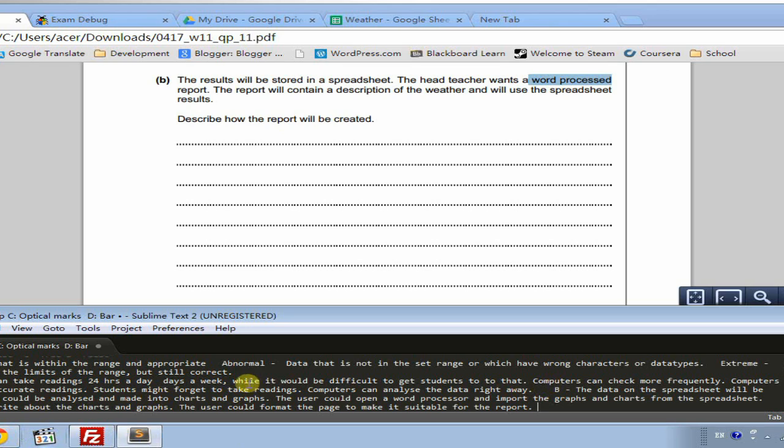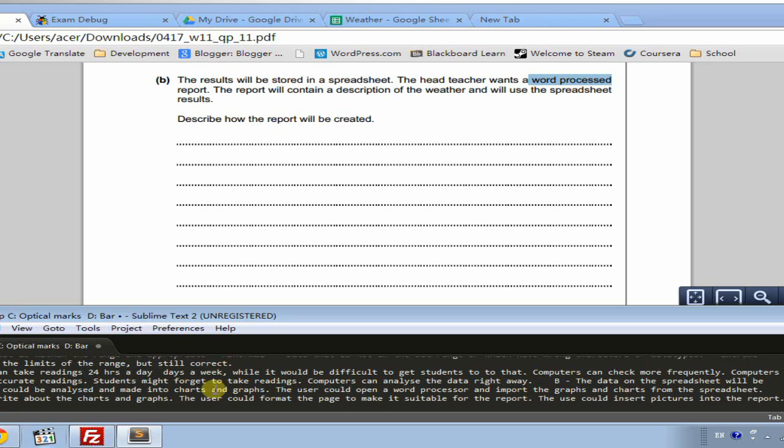But I think that contains most things. Oh yeah, the user could insert pictures into the report. Okay, so it's actually quite a simple question, but you've just got to make sure you're doing it in a succinct and sensible way when you answer.